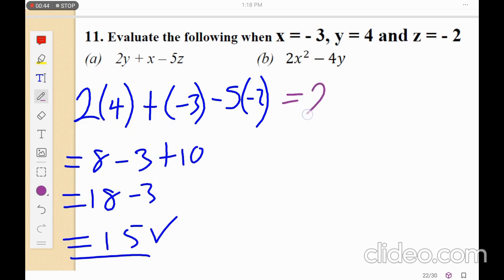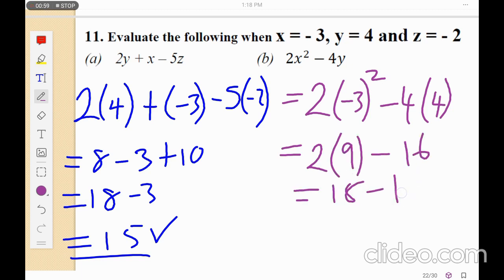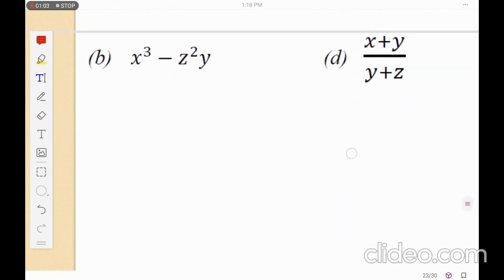B, I've got 2 by x is minus 3 squared, minus 4 by y, 4. Okay, so I have 2 by 9 minus 16. So this is 18 minus 16. I get a 2 there. Okay, let's go on to the next one.